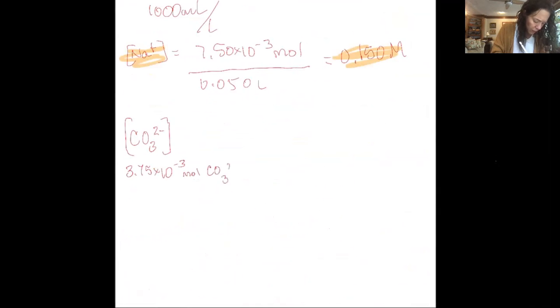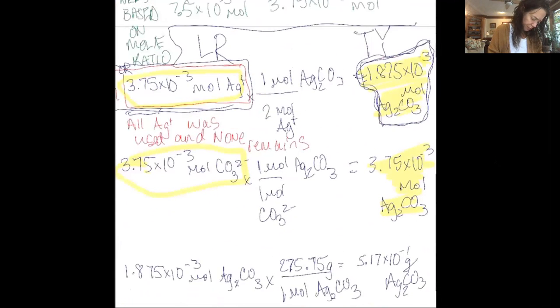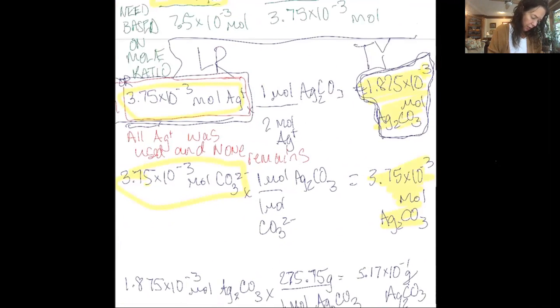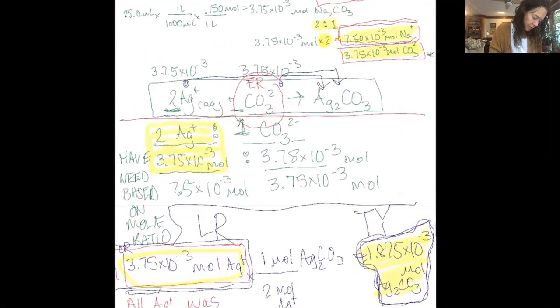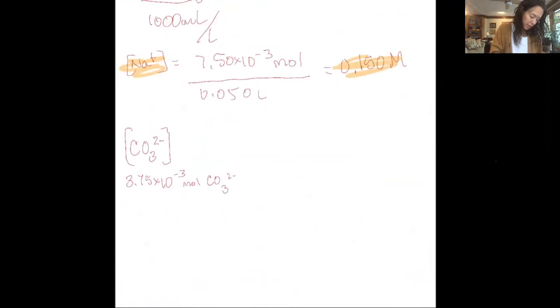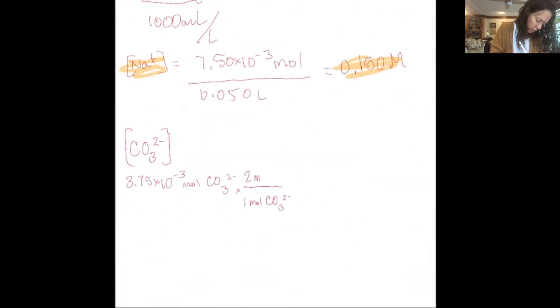And I reacted that with silver, okay? So let's see how much carbonate was required to react with that silver, and that will tell me how much I used. There's so many different ways I could do this, but isn't it true that every 1 mole of carbonate reacted with 2 moles?